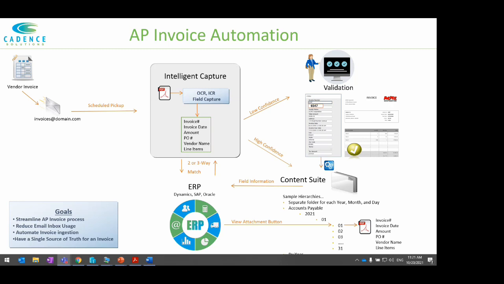We do not have a system with the POs, but if you do want to work a hybrid model between your paper PO system and some kind of modification on what you see here, I would track those paper POs in something very simple. We can actually track them inside of OpenText in the repository in a form, and we could validate with that as a middle ground for now until you get set up on something more formal for PO generation.